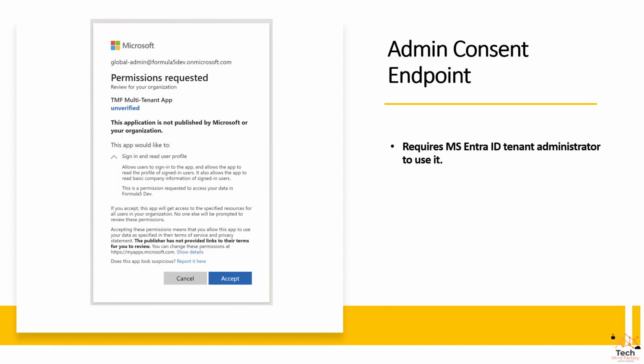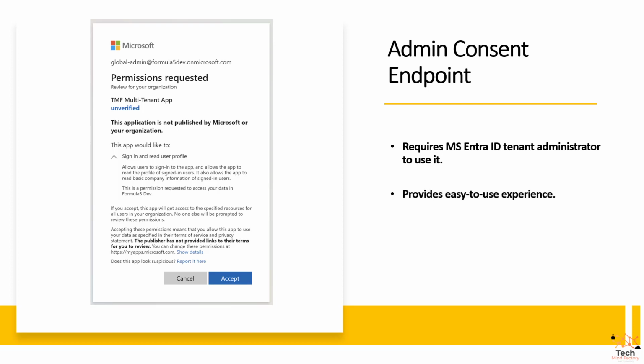And as you can see, there is this information that this application would like to sign in and read user profile. This is a permission requested to access your data in the Formula 5 Dev Entra ID tenant. So this screen will be displayed, and the global administrator can accept or decline.